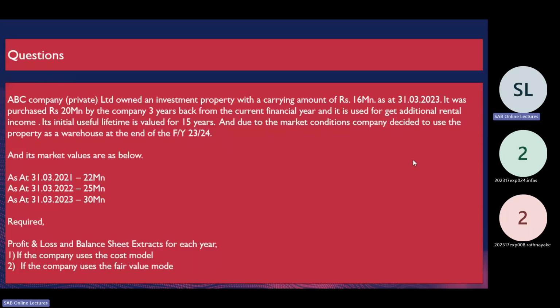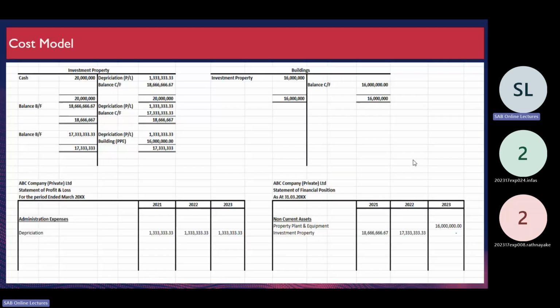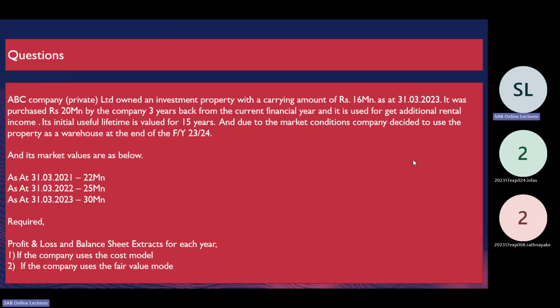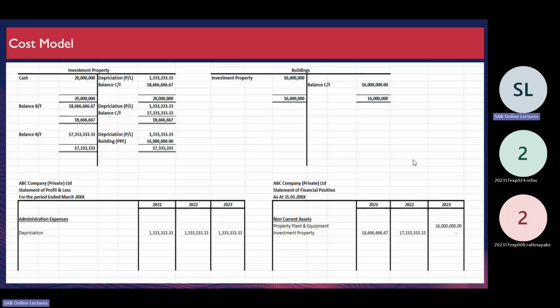It is calculated by 20 million divided by 15 years. And finally, we can represent the final amount as at 31st March 2023, 16 million.